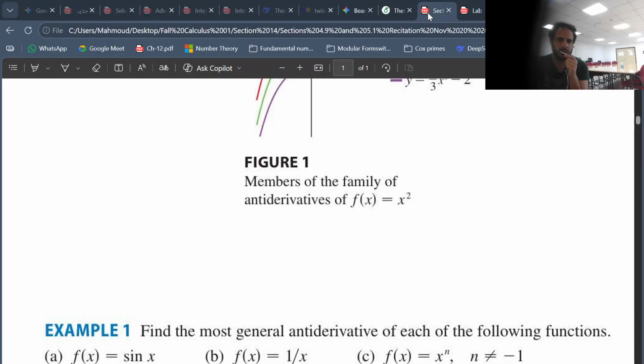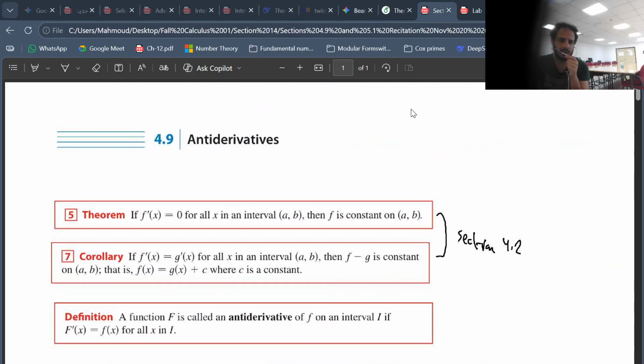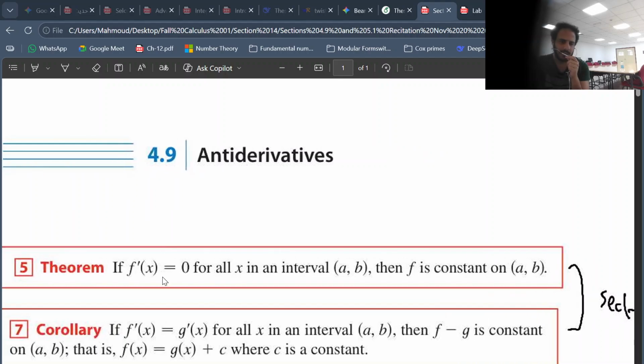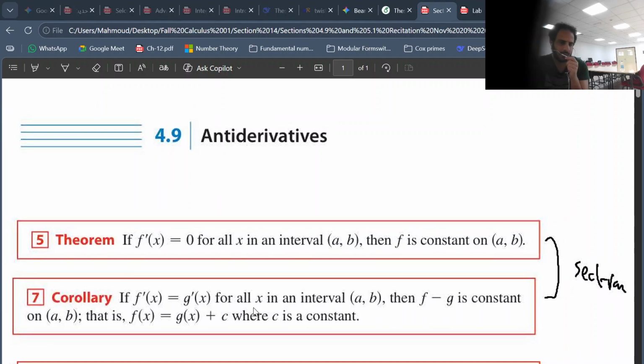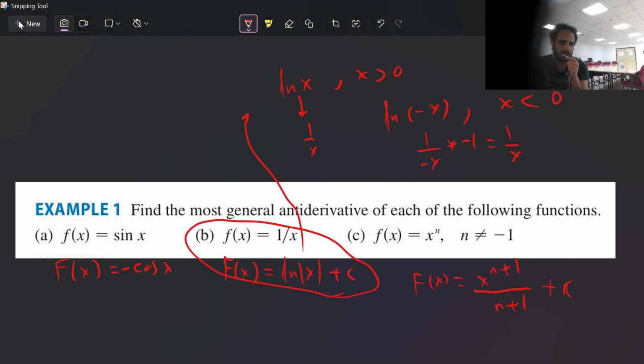Let me show it to you again. See this one: f prime of x equals 0 for all x in an interval a b. Same with the next one. The next one is the important one. If f prime of x equals g prime of x for all x in an interval a b, then f equals g plus c, right?